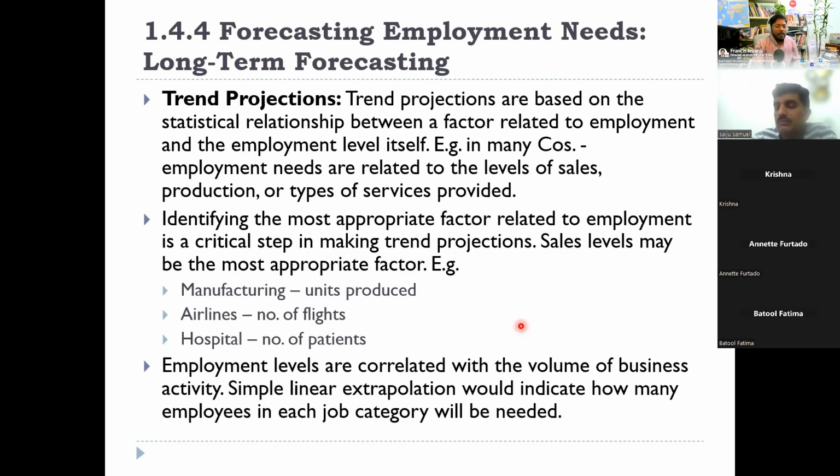For example, in a manufacturing company, the output is determined by the number of units you produce, the productivity. In the airline industry, it is the number of flights you operate. Emirates operates different flights, and they need crew members based on the number of flights. In a hospital, it is the number of patients, for example Mubarak Hospital, and there are different clinics, Metro clinic, everywhere we see clinics.